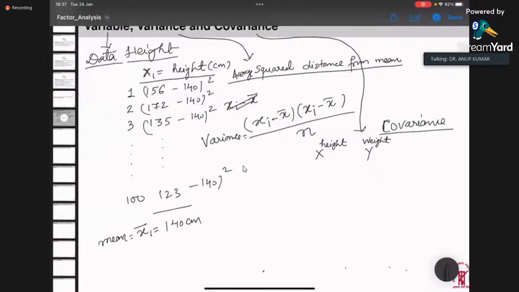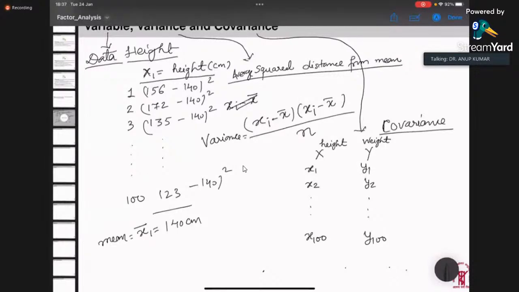For x you will again have height: x1, x2, up to x100. So 100 values will be for height. Similarly, y1, y2, up to y100. 100 values will be for y. So what will be the covariance?